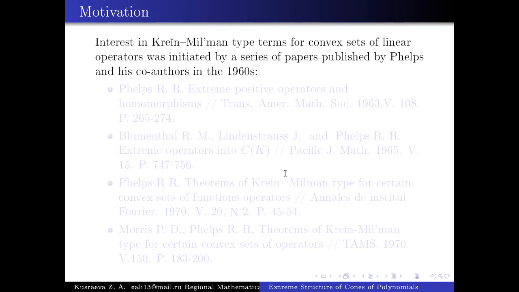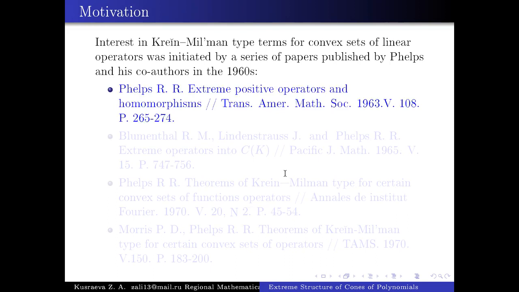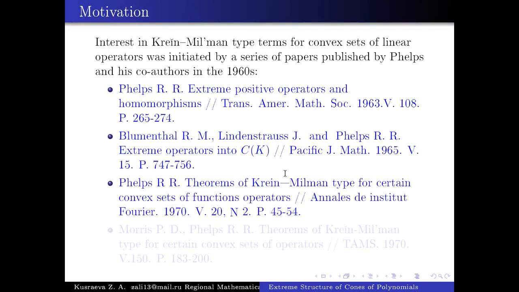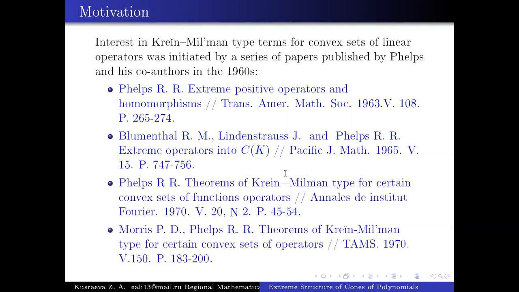And one possibility arises if the space of operators under consideration admits a good analytical description. The interest in the description of Krein-Milman type theorems for operators was initiated by works of Phelps and his co-authors in the 1960s. They investigated some special cases, and here on the slide I present only several manuscripts with results of this group of mathematicians.